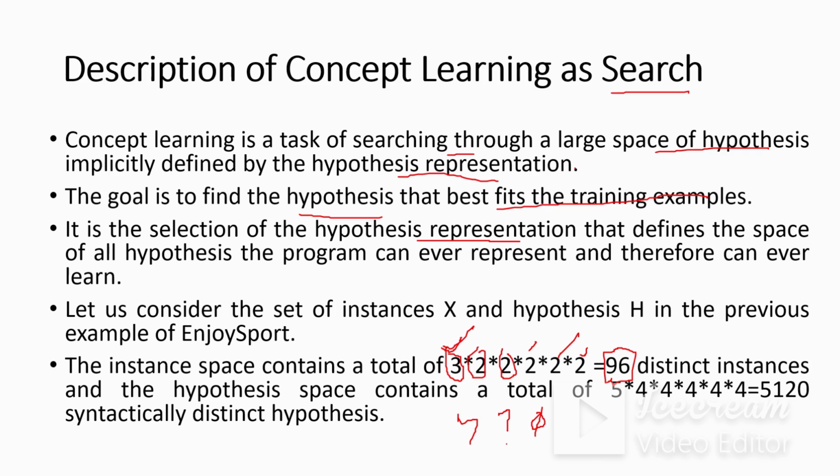So 3 plus 2 makes it 5. Similarly, for all the other attributes, 2 plus 2 makes it 4. So 5 x 4 x 4 x 4 x 4 x 4 is equal to 5120 distinct hypotheses that we have here. And all these 5120 hypotheses are syntactically distinct hypotheses.